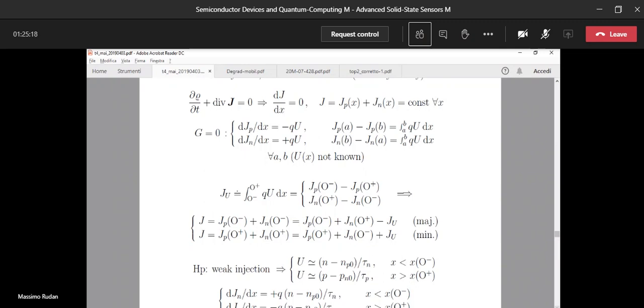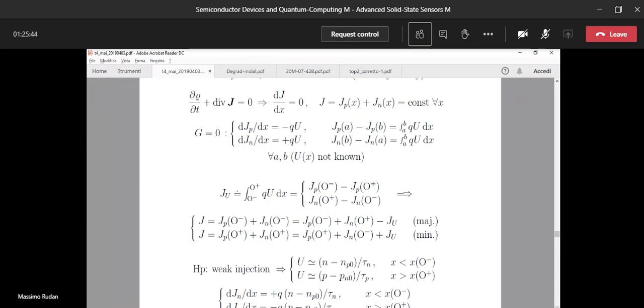Now we have to combine these expressions, okay? If you go back on top of the page, you remember the total current J, that is some constant that we want to calculate, is equal to the sum of Jp plus Jn at any position.